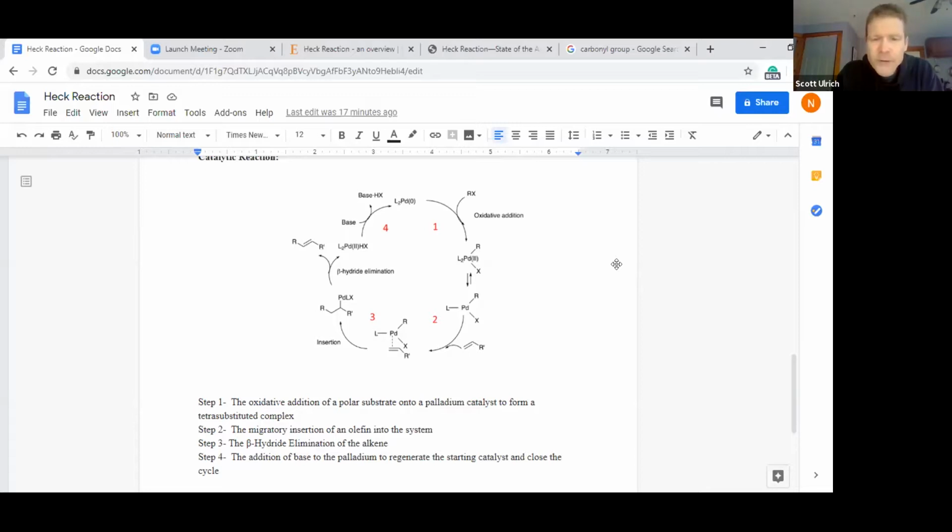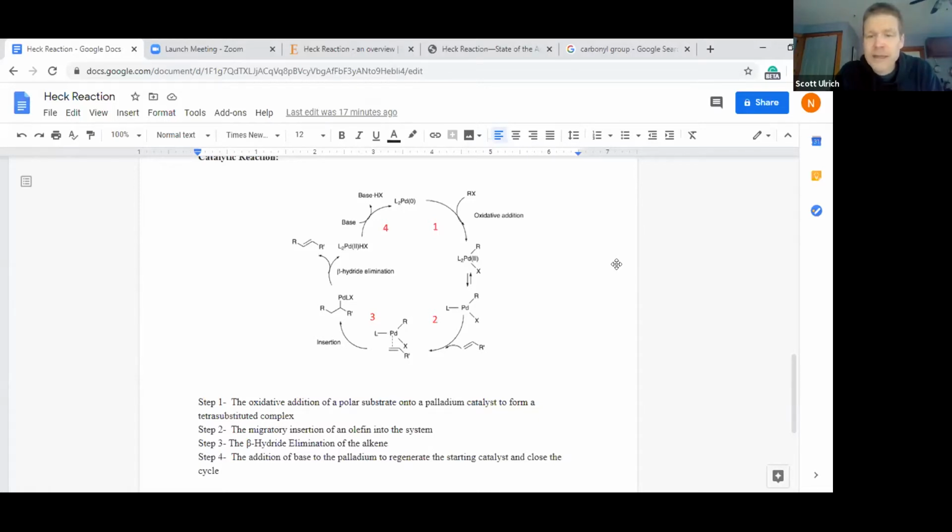The part that I think you'll all see again is step one, which I know, Emily, you and I talked about briefly because yours is the same: you're beginning with palladium 0 and an RX compound, which would be an aromatic halide in Naya's case and many of your cases too.